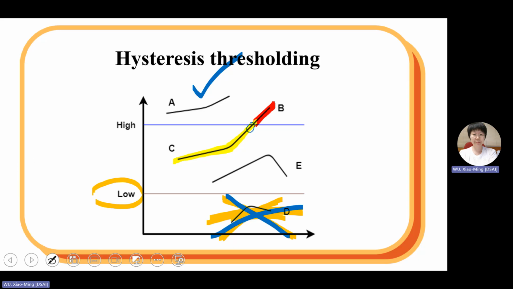So this pixel is connected directly to the strong edge pixel, so it is also considered an edge pixel. And the pixel next to it is also considered an edge pixel because it's indirectly connected to B, to the strong pixels here, via another weak pixel.